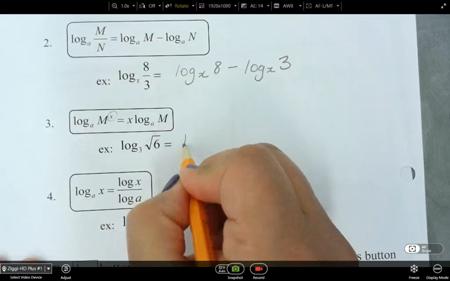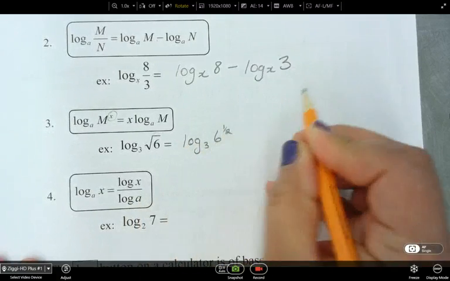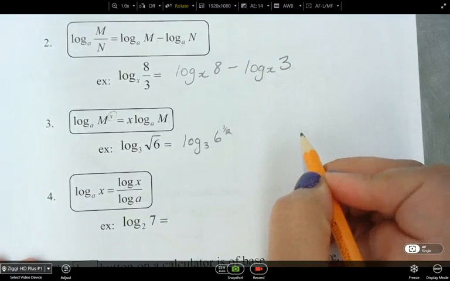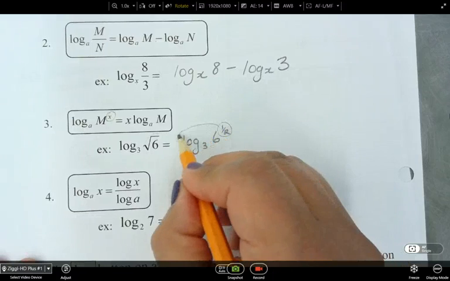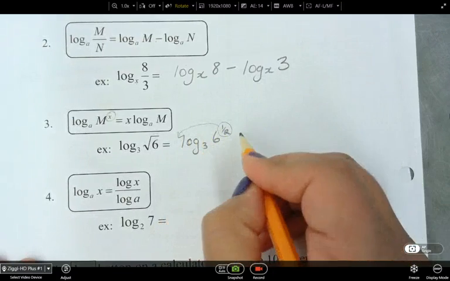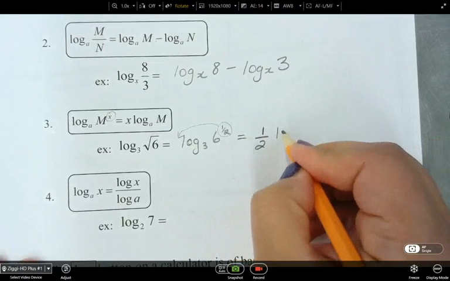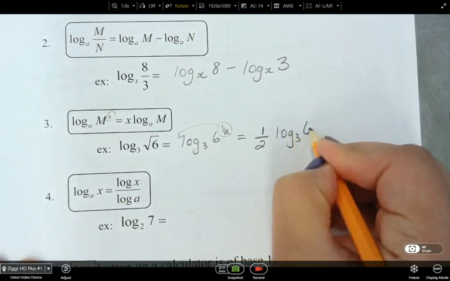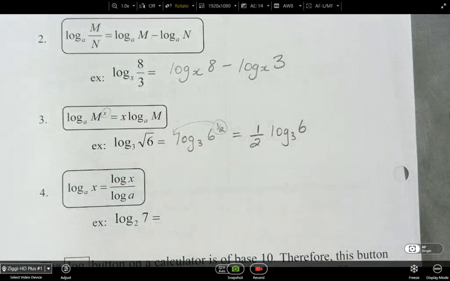So I have log base 3 of 6 to the power of 1/2. Now this law allows me to take this exponent and write it out in front, multiplying the logarithm base 3 of 6. That's my favorite one. Why? I don't know. It's cool. It comes in handy.